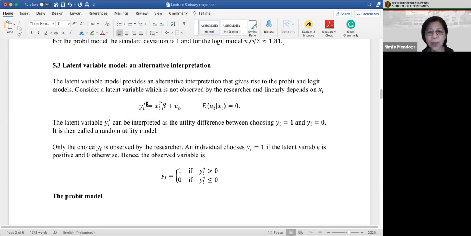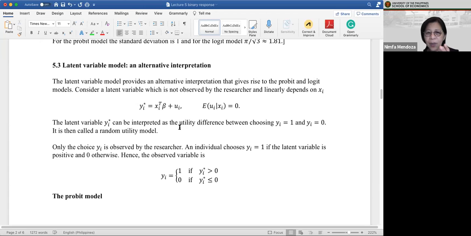In the latent variable model, this is unobserved. However, what we observe are 0, 1 variables. The latent variable y sub i star can be interpreted as the utility difference between choosing y sub i equal to 1 and y sub i equal to 0.